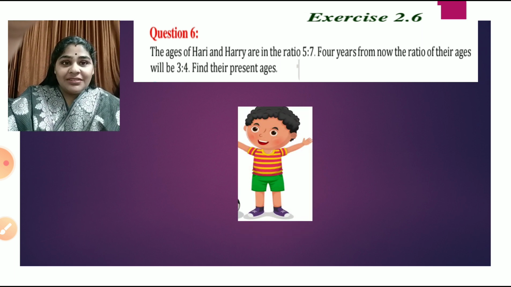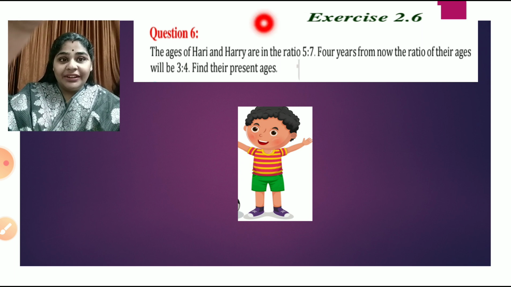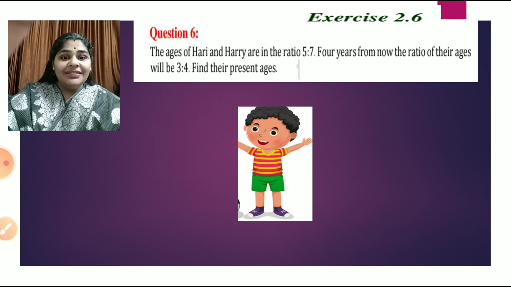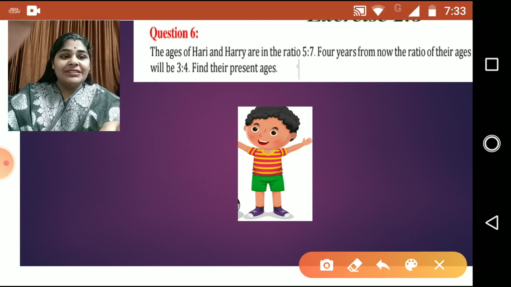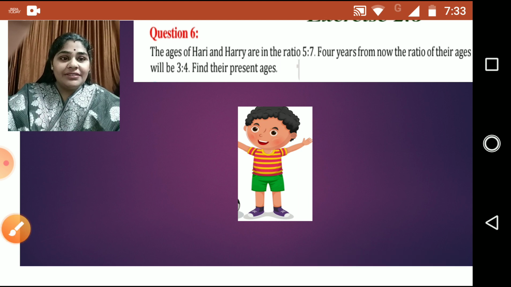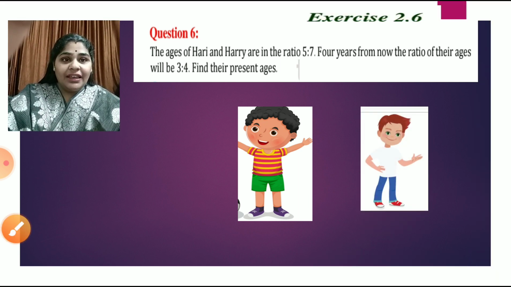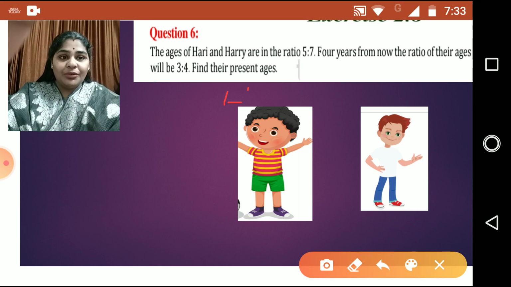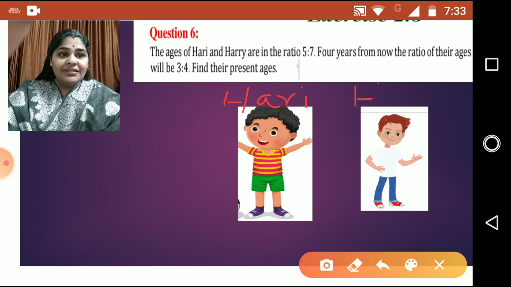So children, here you can see ages are given in the ratio. Directly age is not given. So let us suppose this is Hari, and this is Harry.